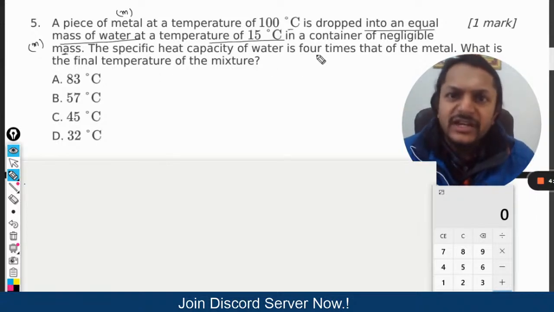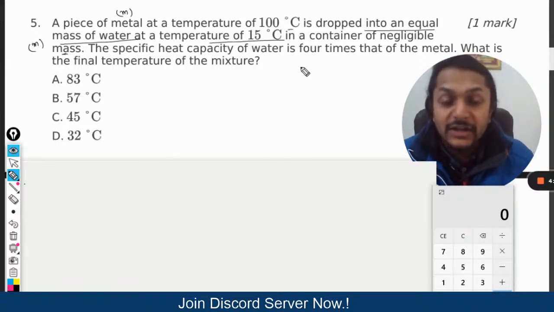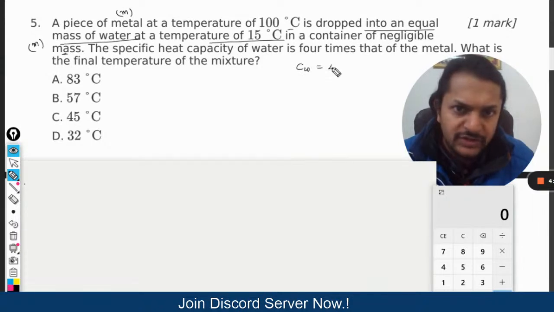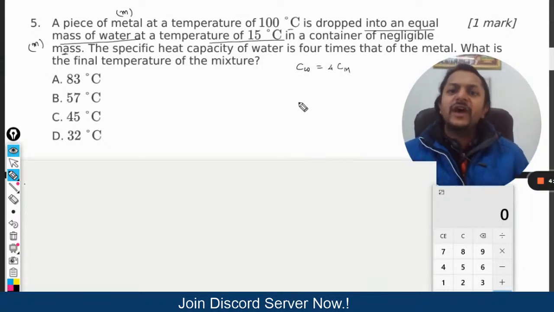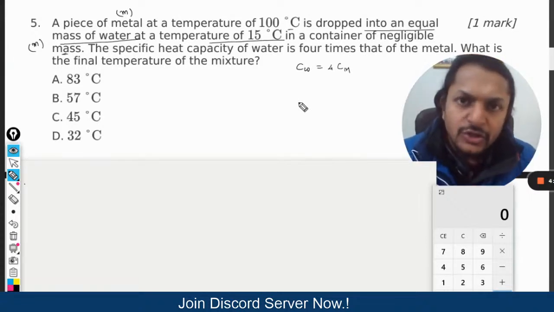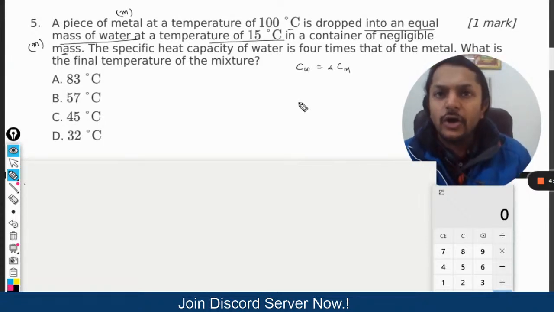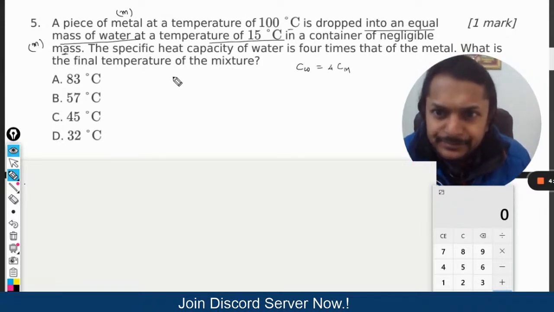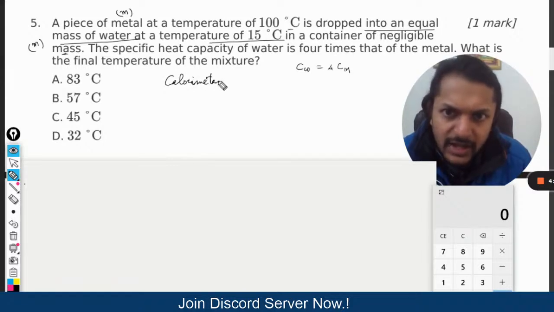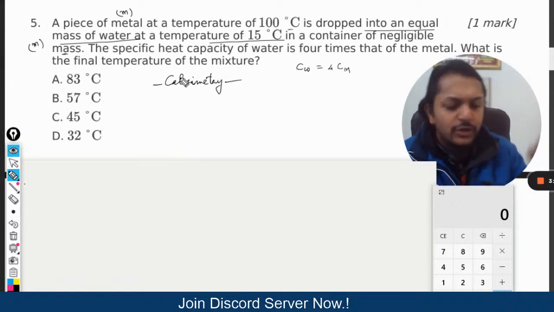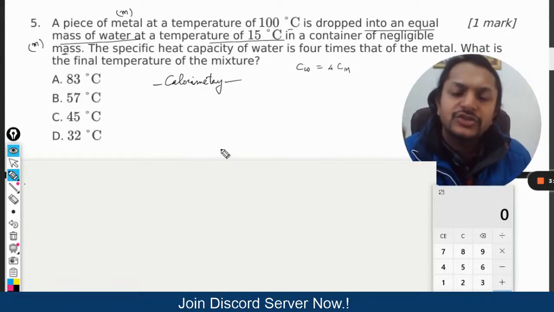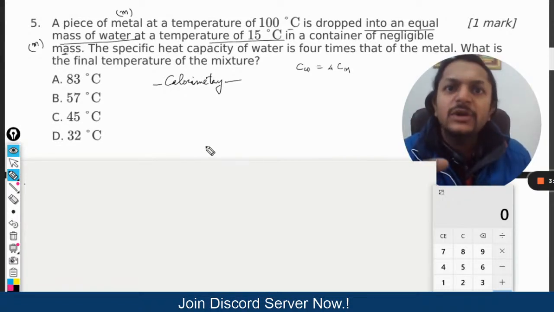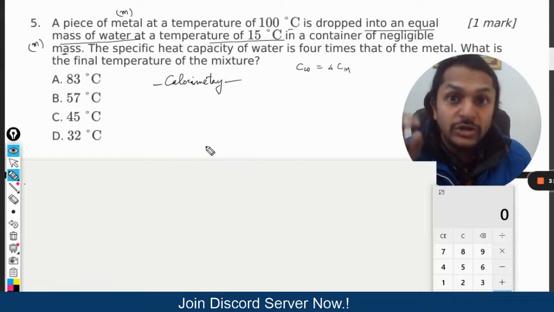The specific heat of water is 4 times that of metal. So specific heat of water is 4 times specific heat of metal. What is the final temperature of the mixture? So my dear students, this topic comes from a branch in physics that is known as calorimetry, and the principle for calorimetry is the heat lost by the hot body is equal to heat gained by the colder body.